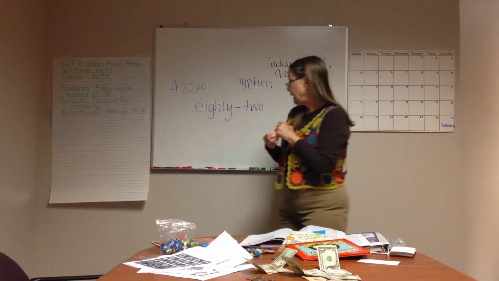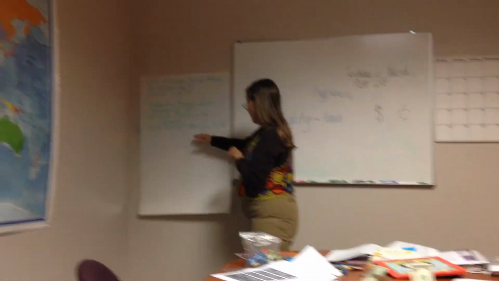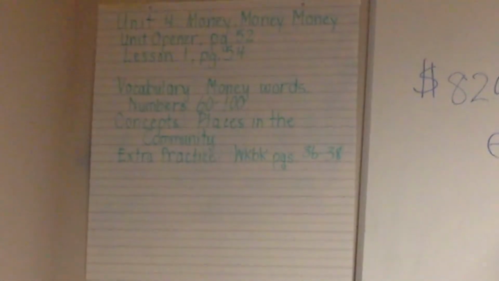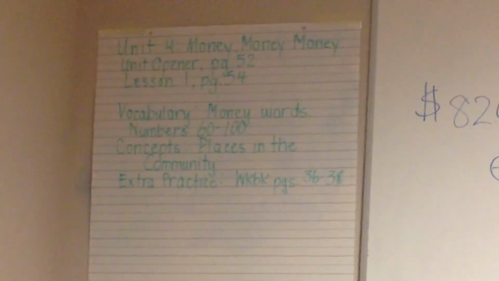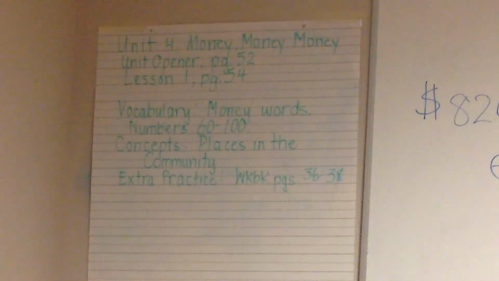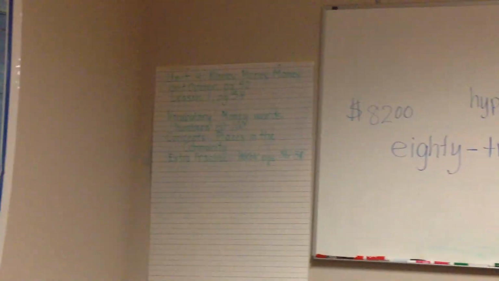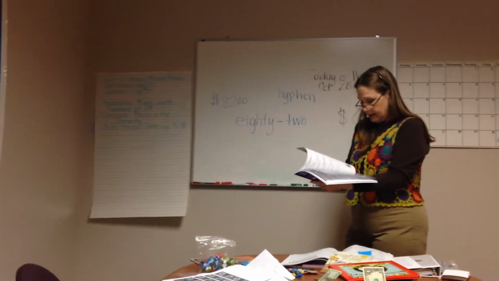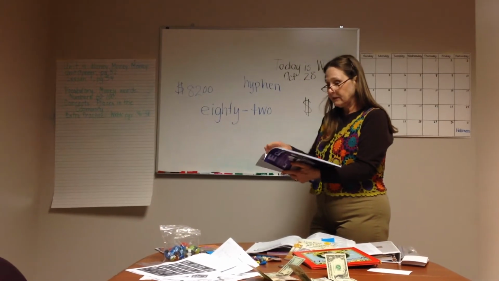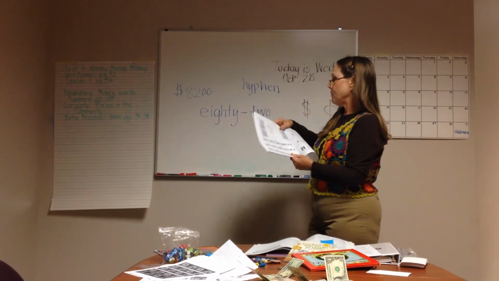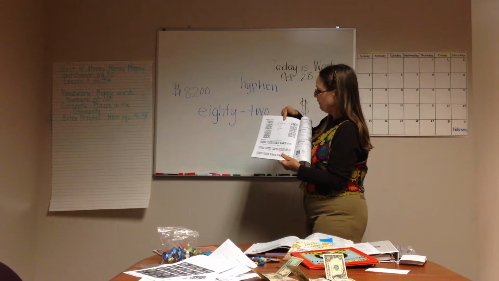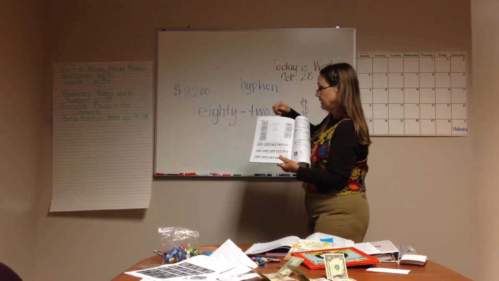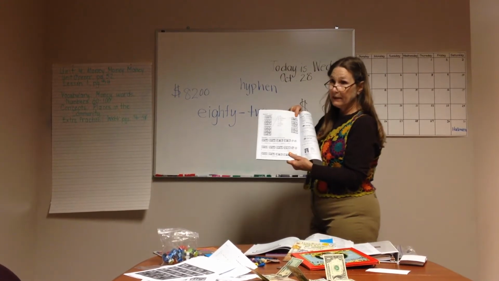Then I'm going to say, for your extra practice, we're going to do workbook pages 36 through 38, and I always open my workbook and look at those pages and tell my students, oh, remember today when we talked about writing words for denominations of money?